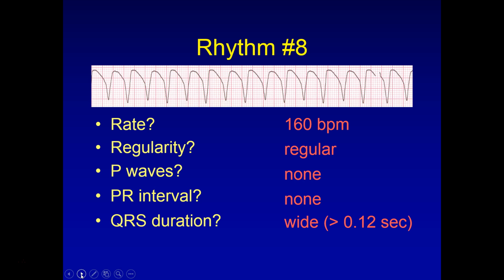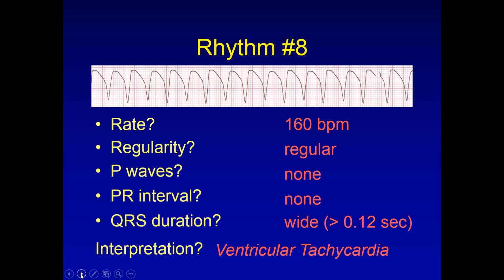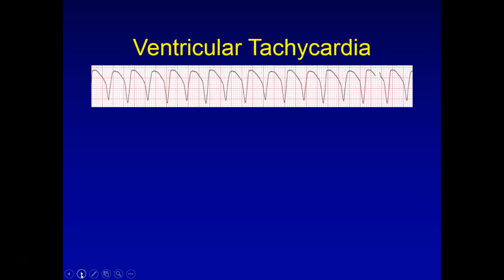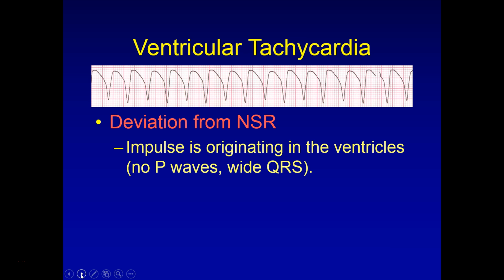And that tells you right there that my problem is in the ventricle. My QRS complex has gone past 3 small boxes. So I have ventricular tachycardia. It's just telling you that this problem is originating in the ventricles.